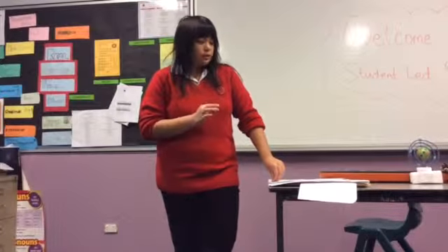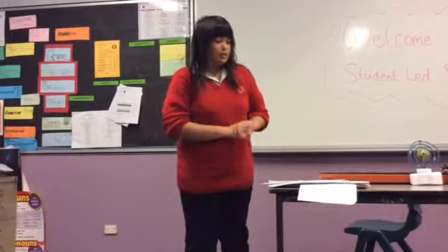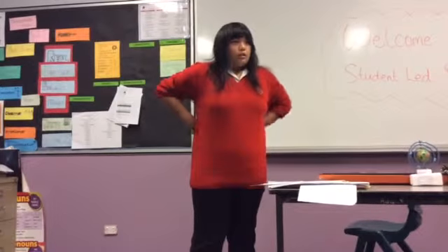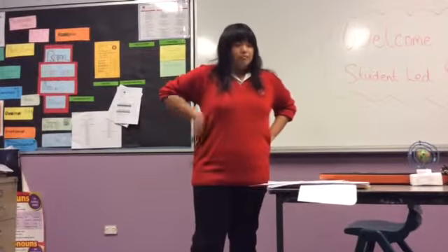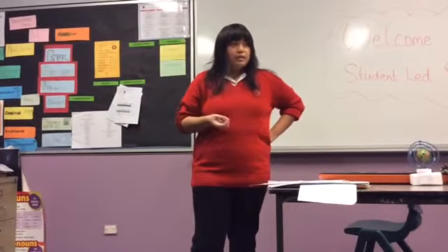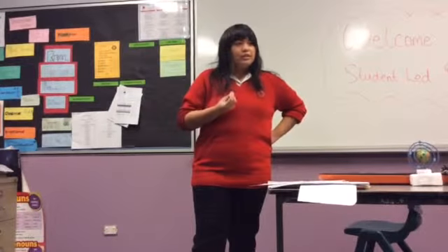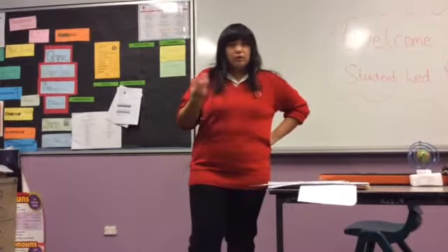Some recent work we've done during science, since we haven't done an assessment task this term, was work on cells. We just learned about what kind of cells there are, like plant cells and animal cells, and how animal cells are more complex organisms. They have smaller vacuoles and such.